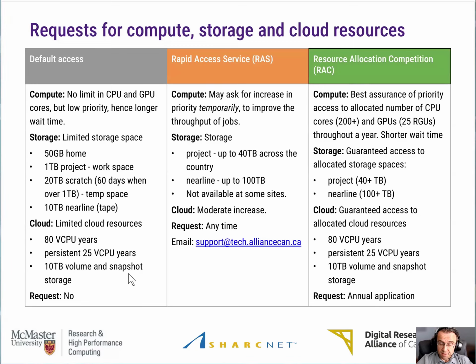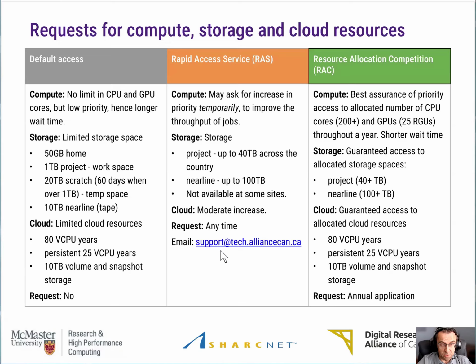If this amount of resources is not enough, for example, you need more storage than you currently have access to, the next, elevated level of access is RAS, Rapid Access Service. For example, you need more storage. All you need to do is send an email to our ticketing system. Most of the help is provided through the ticketing system.